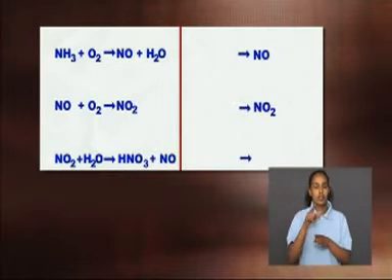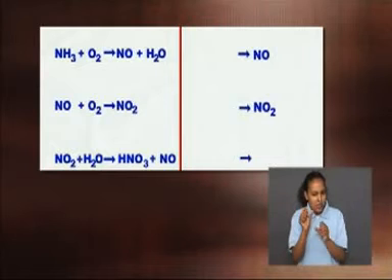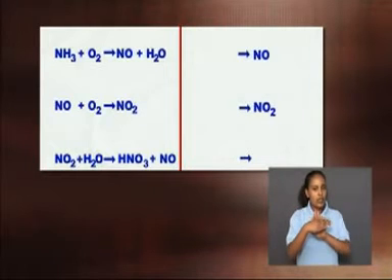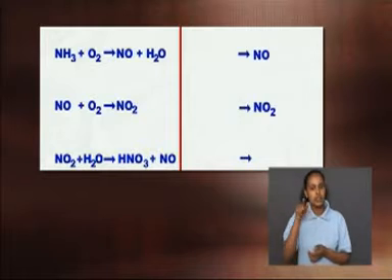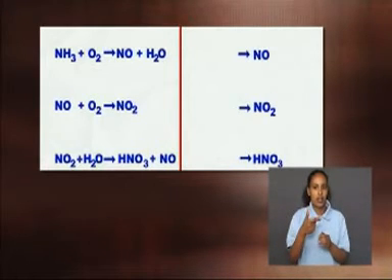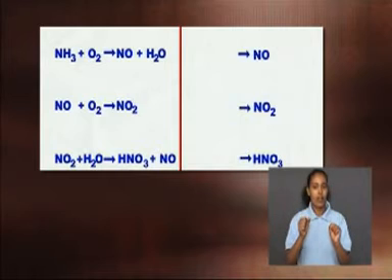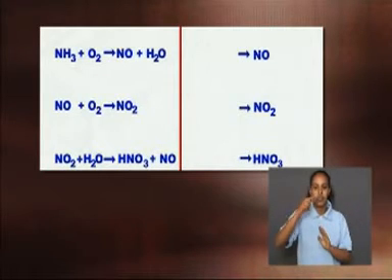Then, if that person is not listening to you, you say it a little bit stronger. This represents nitrogen dioxide. If that person is still not listening to you, you must say it quite strongly. This is represented by nitric acid.